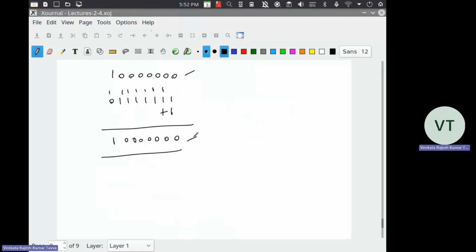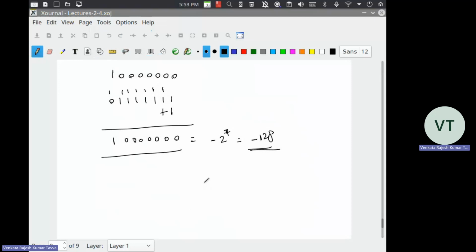But what is the corresponding decimal number here? This will be minus 2 power 7, that is minus 128. Let me tell you why.